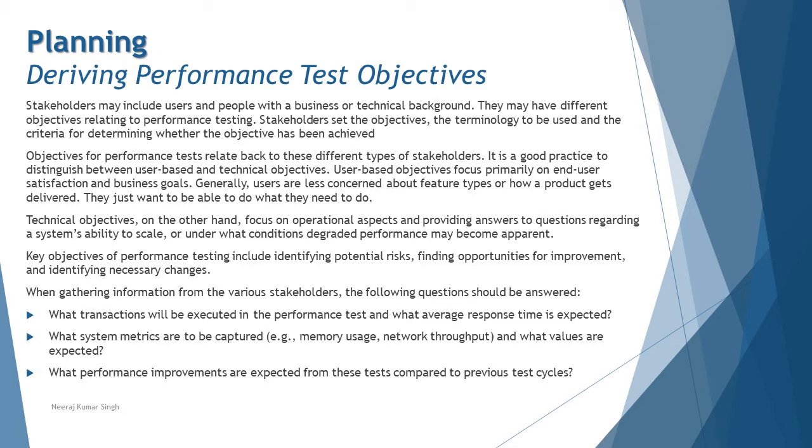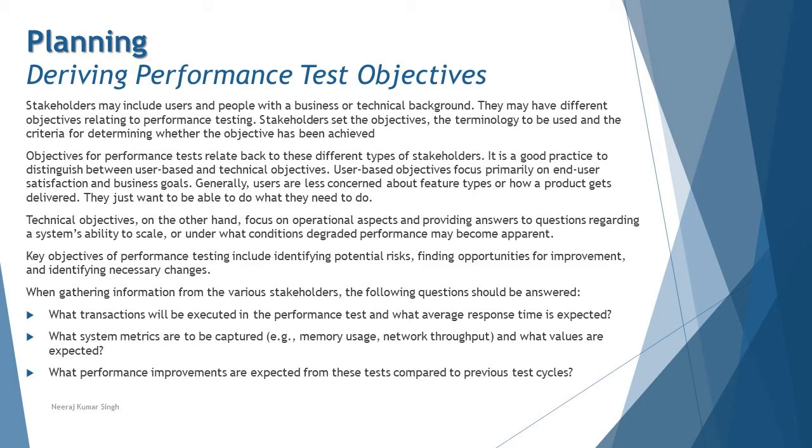Now, stakeholders may include users and people with a business or technical background. They may have different objectives related to performance testing. Stakeholders set the objective, the terminology to be used, and the criteria for determining whether the objective has been achieved. So here we are talking about involving different stakeholders to come up with various possibilities and objective sets.